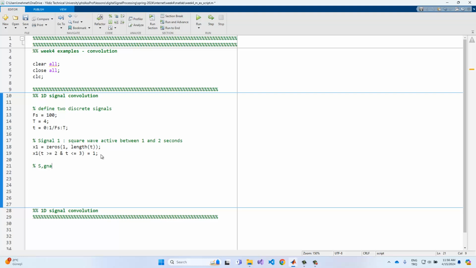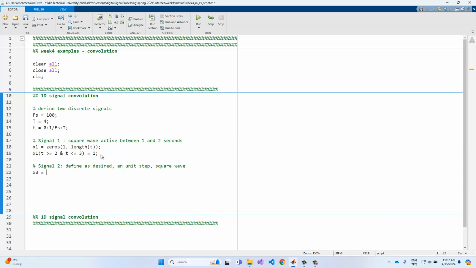Secondly, we need to define the second signal in here, defined as a desired signal, for example an impulse. Okay, or we can define the unit step or square wave. x2 can be defined with zeros 1, length of t.